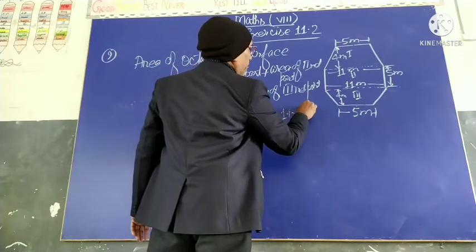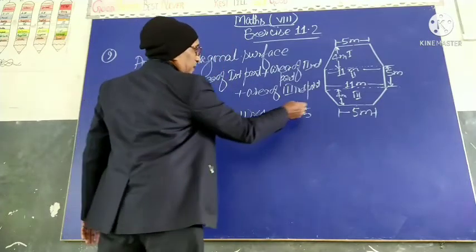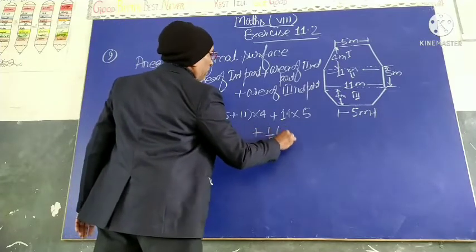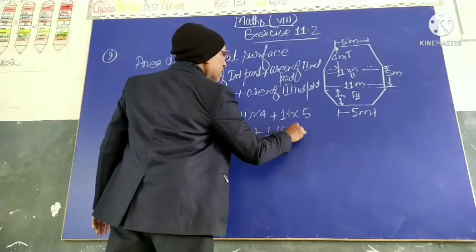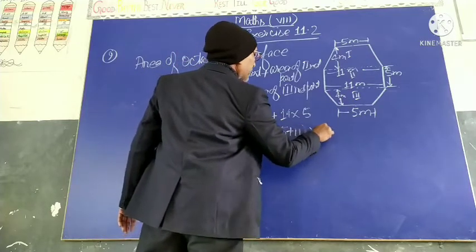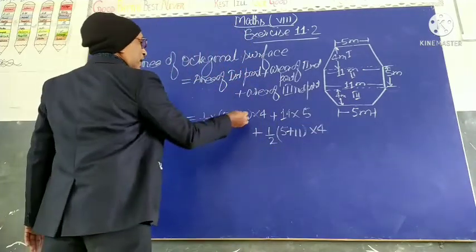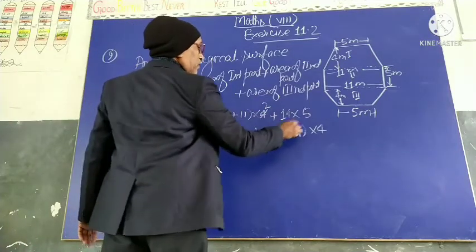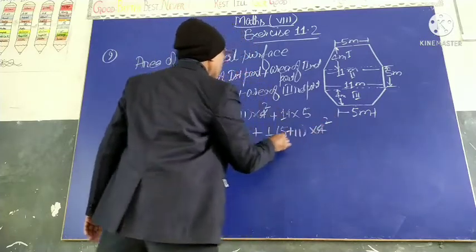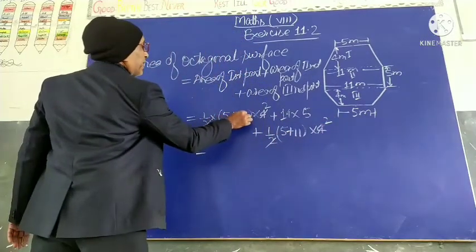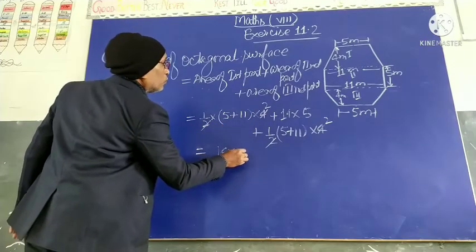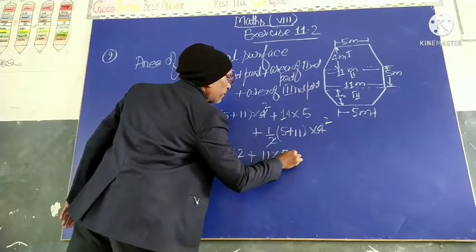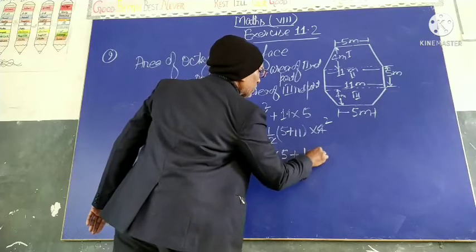into 5 meter, plus this is also trapezium shaped and 1 upon 2 sum of the parallel sides into distance between them. You cancel 4 by 2, you get 2, and here also you cancel 4 by 2, you get 2. This means this is 5 and 11, 16 into 2 plus 11 into 5 plus 16 into 2.